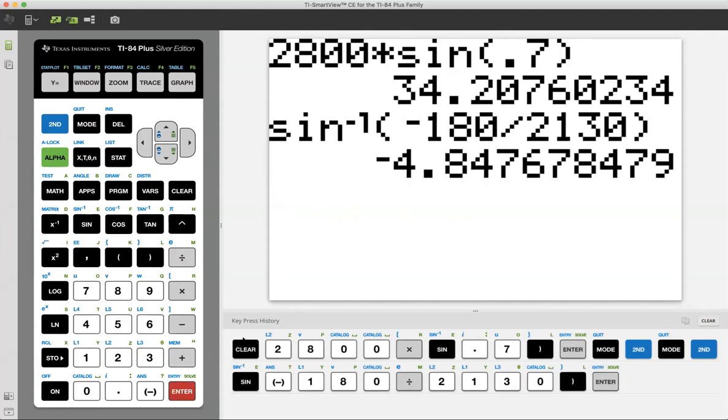Then I get my angle, and this one said round to the nearest hundredth, so that would be negative 4.85 degrees. It makes sense that the angle is negative because the grade resistance was negative, which means we're going down, which is a downward angle. Okay, back to the handout.